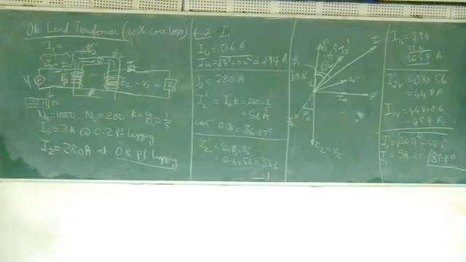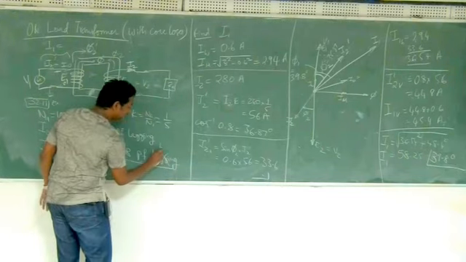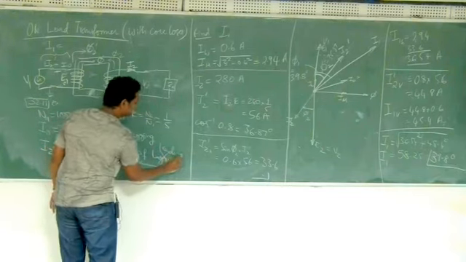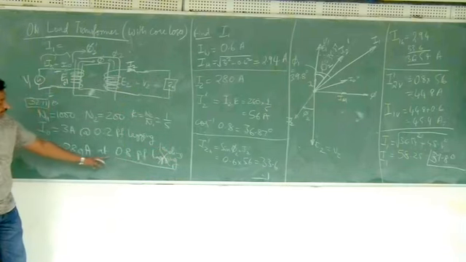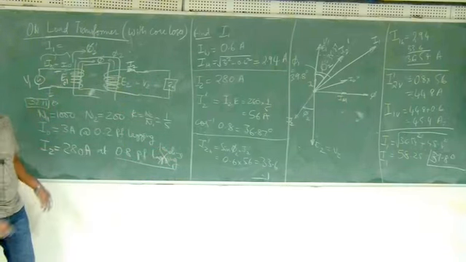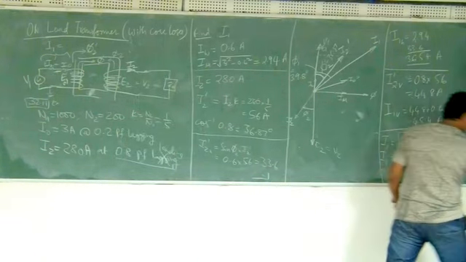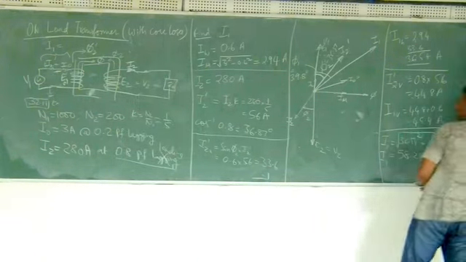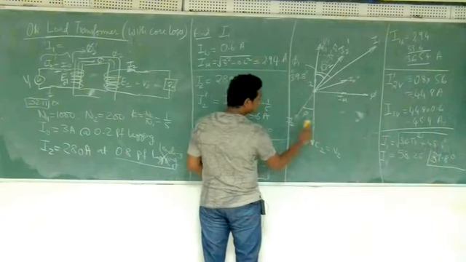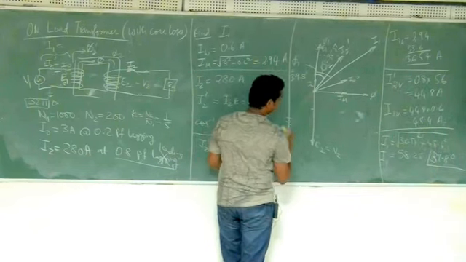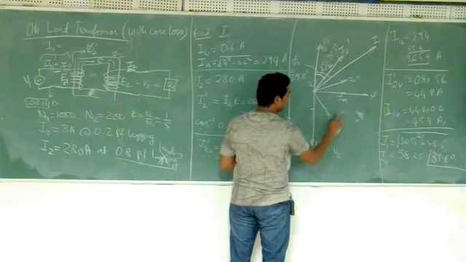So quickly, if I change the problem here to leading, then what will happen? 0.8 power factor leading. I'll use maybe a different color. So this I2 will be on that side. This is my I2.